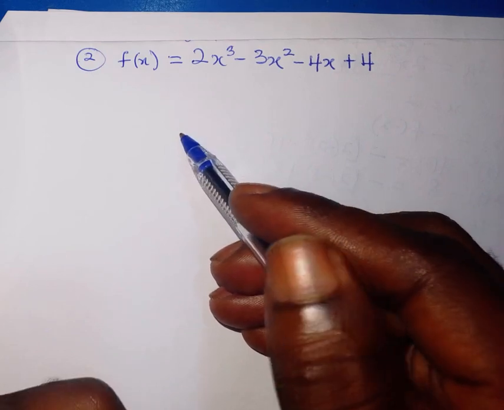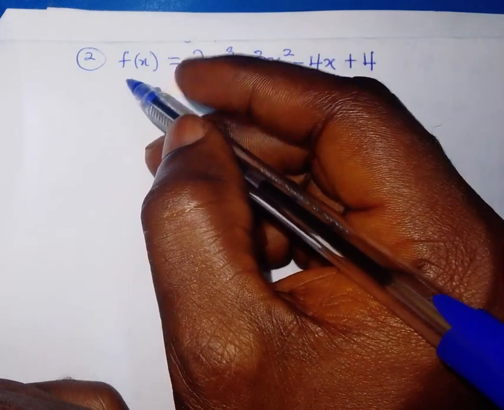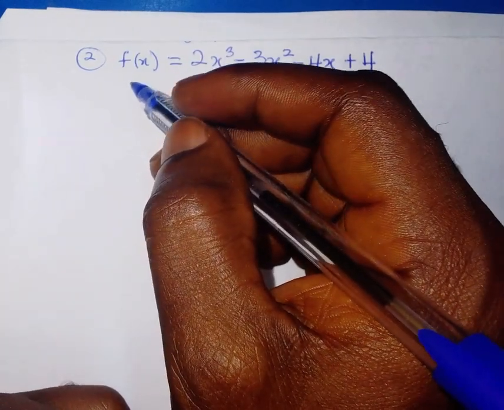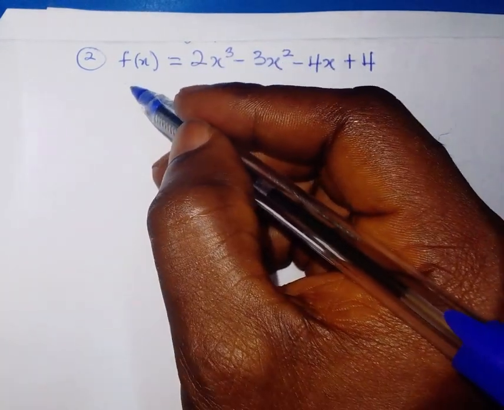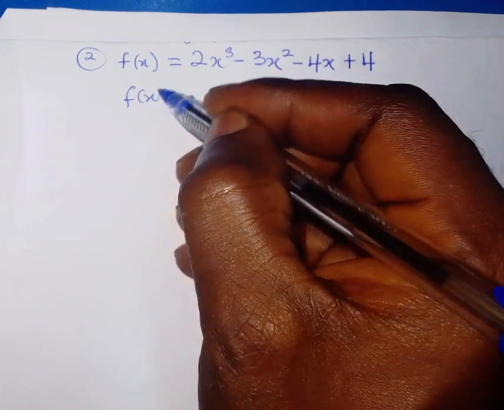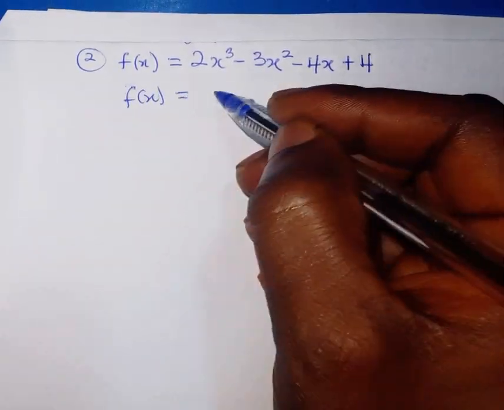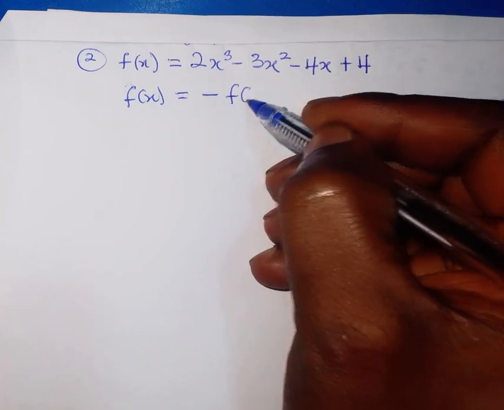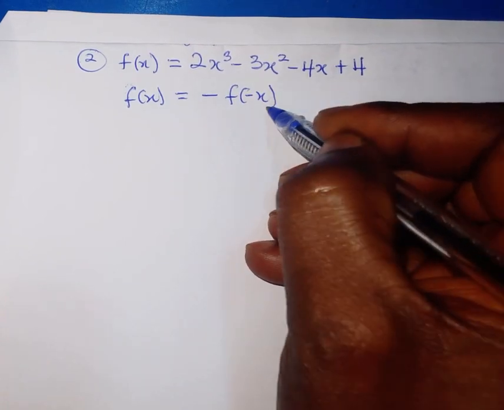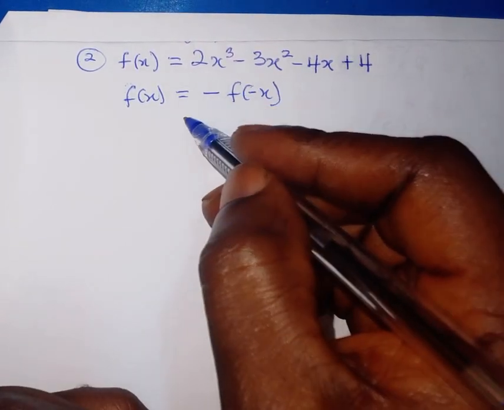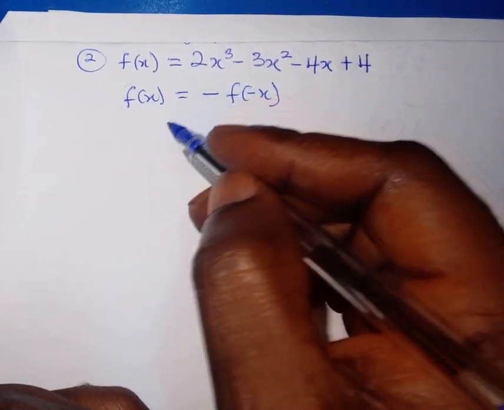So as we are saying that for a function to be odd, then f at x should be equal to negative f at negative x. Then it is odd.